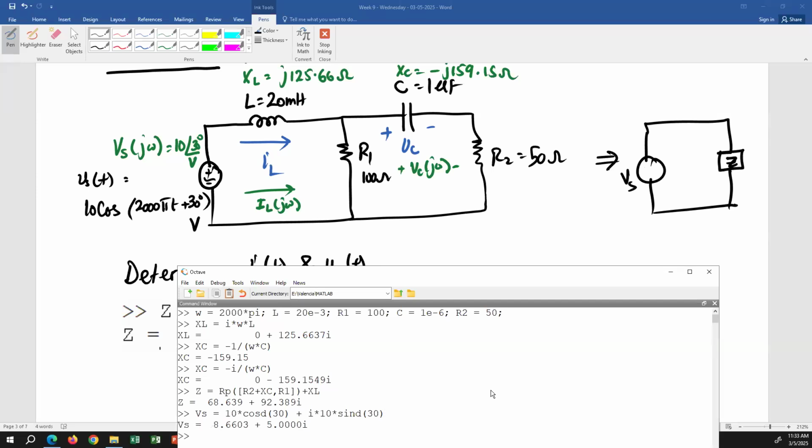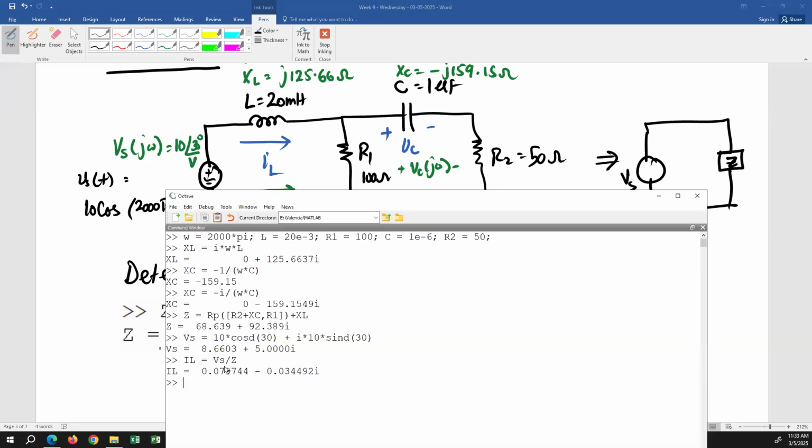So that's going to be the conversion from polar form to rectangular form. Magnitude times cosine of angle plus I magnitude times sine of the angle. So once you have Vs, now you're going to go ahead and find the current. IL is Vs over Z.